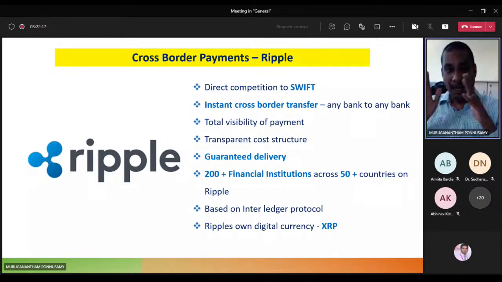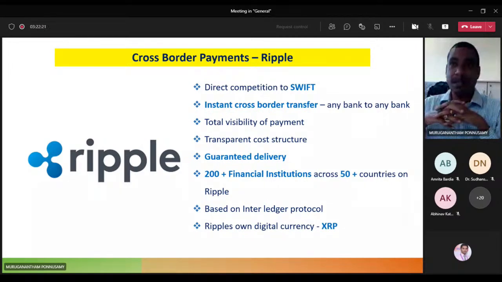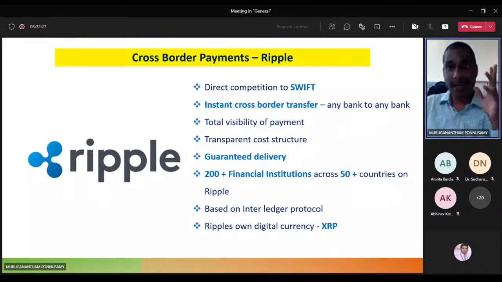It started in the year 2012, so for the last 9 years. That's what I mentioned. World-leading banks like American Express, Standard Chartered, HDFC, Barclays, Bank of England, and formerly Bank of America Merrill Lynch are all using this.